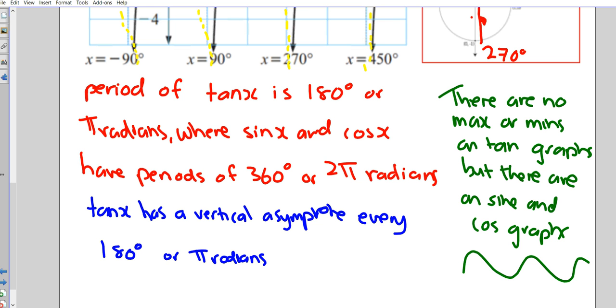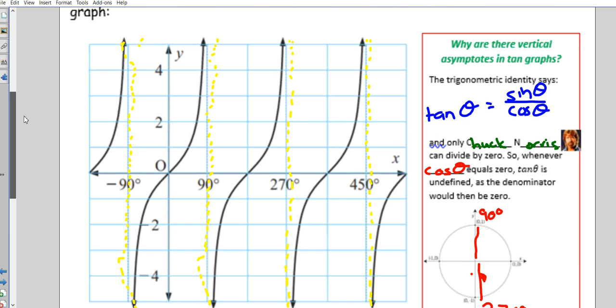Tan graphs are weird. So we would never be asked what the max or min is on a tan graph? The only time they could is if they narrowed down the domain, say from negative 45 to plus 45.